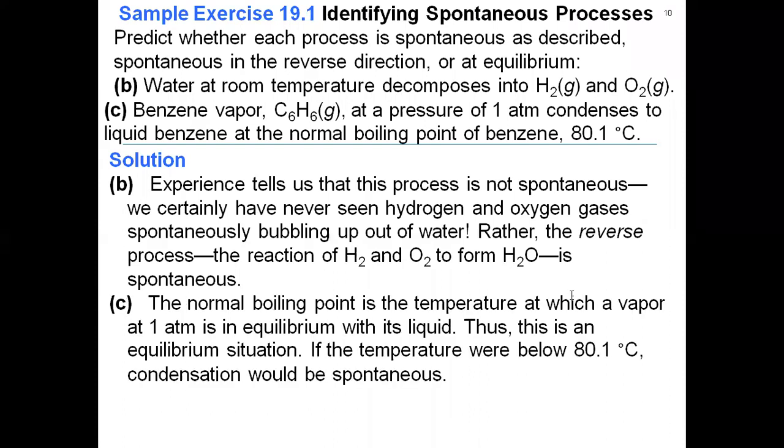So this process is an equilibrium, and neither direction is spontaneous. They are just an equilibrium process. It happens at the same time. Therefore, benzene vapor at a pressure of 1 atm and at the normal boiling point 80.1 degrees Celsius, condensing to liquid benzene, is non-spontaneous.